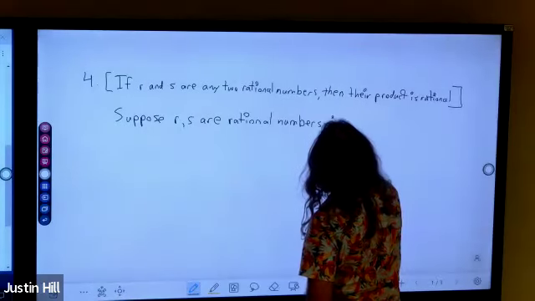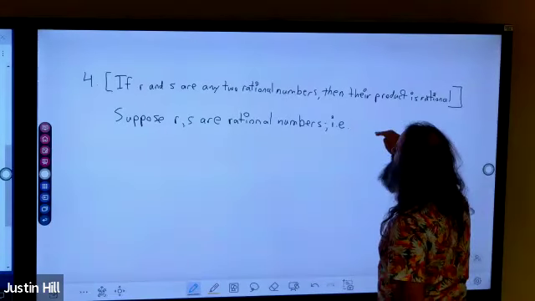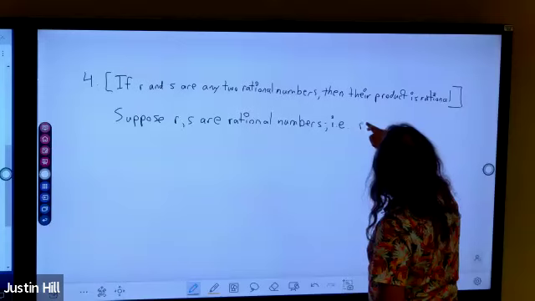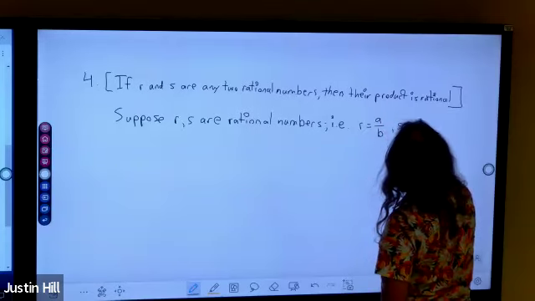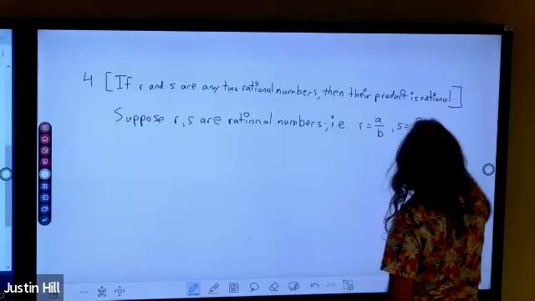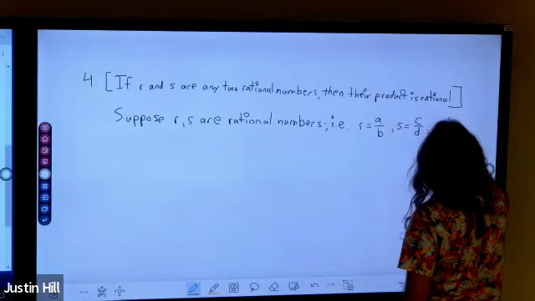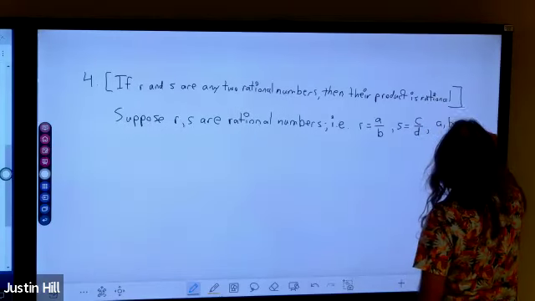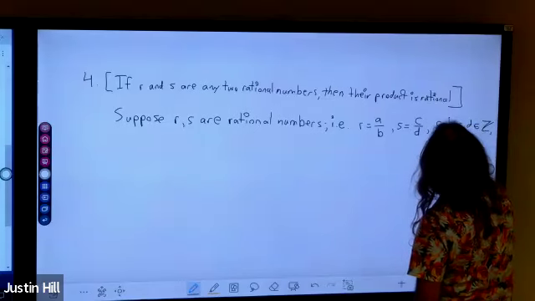In other words, R equals A over B, S equals C over D, and then the usual stuff. So A, B, C, and D are integers. The bottoms, B, D, don't equal 0, and this is all the definition of rational.